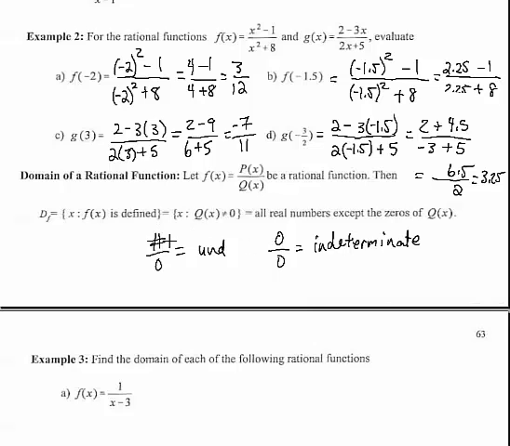So we don't want this to happen. Alright, so what we do is we take q of x, and we can say does not equal 0 or set it equal to 0. We want to find the x values that cause this polynomial on the bottom in the denominator to become 0.